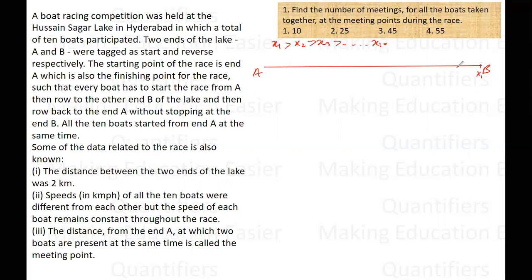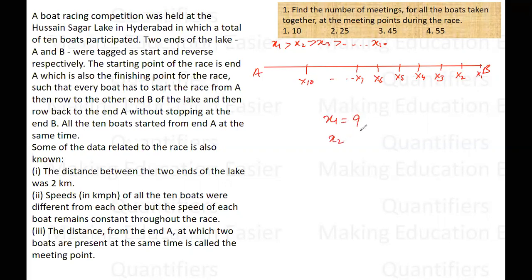So when X1 comes back, it will meet X2 at some point, X3 at some point, X4, X5, X6, and so on. That means it will meet all the 9 boats at some points. So total meeting points for the fastest one are 9. X1 has 9 meeting points.